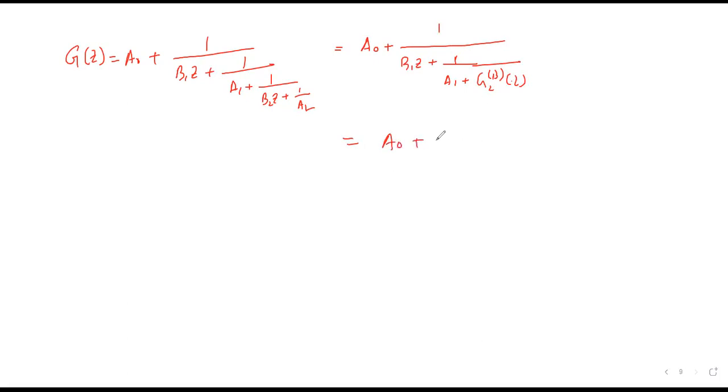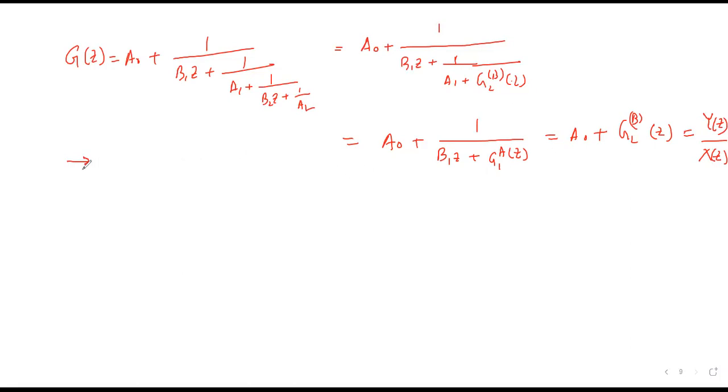Okay, so in the next step, we have seen that it can also be further reduced as A0 plus 1 by B1Z plus G1AZ. Further, A0 plus G2BZ. Okay, and this is finally related to your overall output by overall input. Okay, so then you have your input, that is X, then there is a summation block.